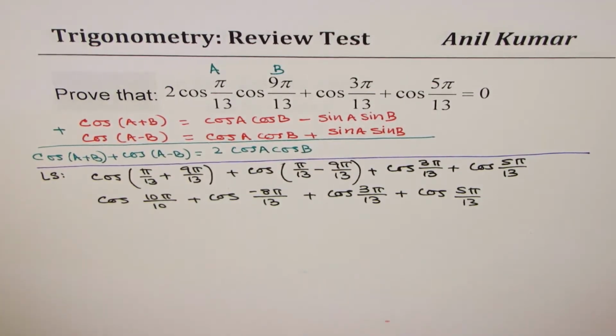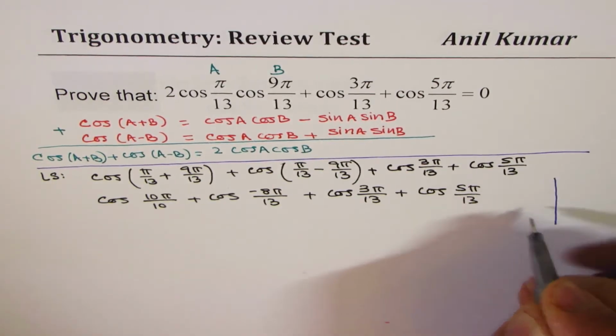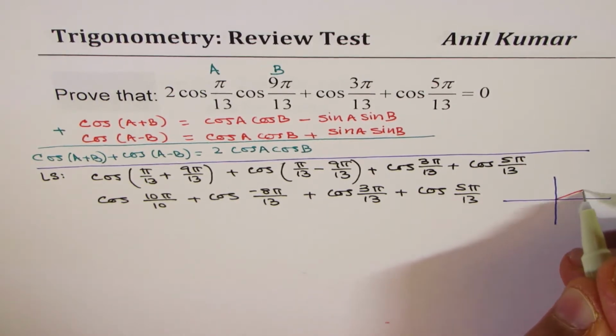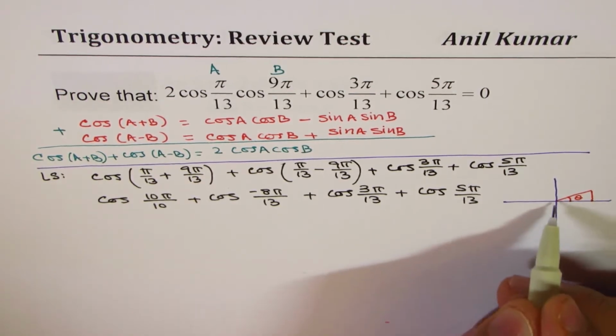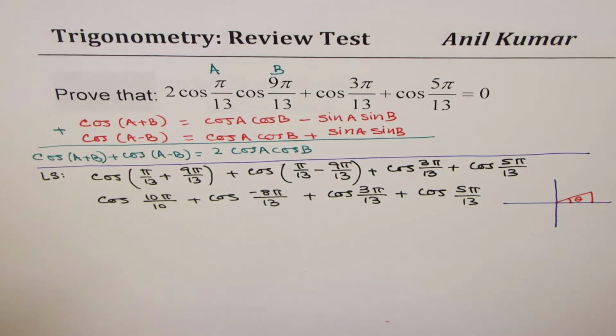Now here we can apply our knowledge about the relations of related angles. So as you know, in the coordinates, if I have, let's say, a triangle here with the angle theta, and here we have, this is 10 pi by 13.